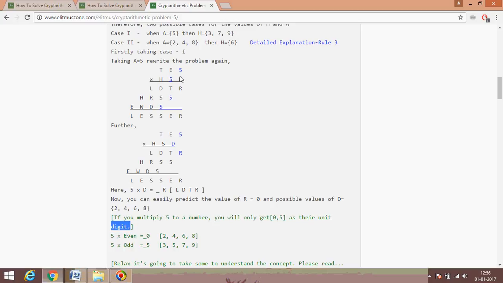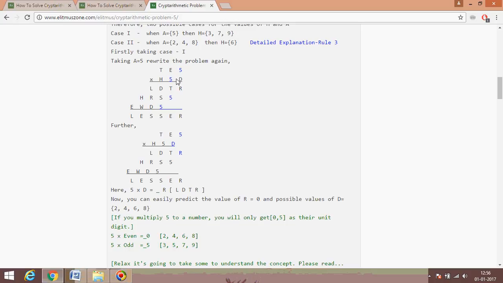Now think about this one, 5 cross D cross R. D is any number here, and you have already taken A equal to 5 here. So the possible value of R can be 0 only. Why?